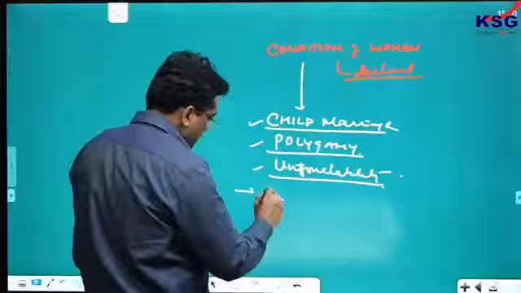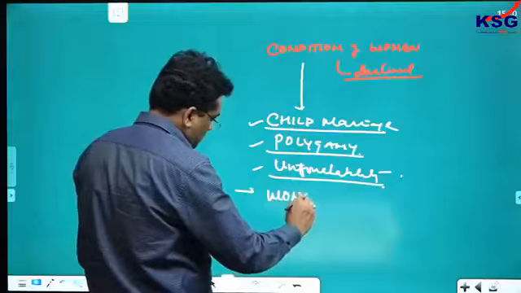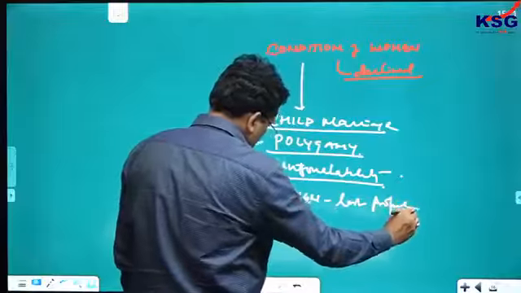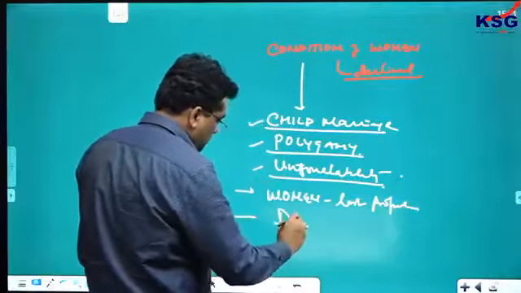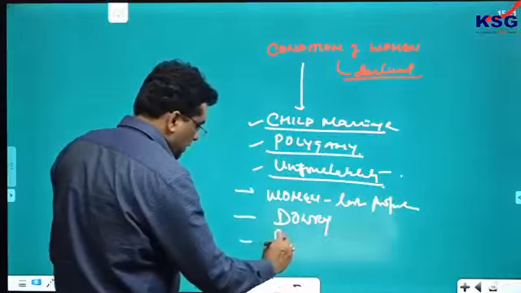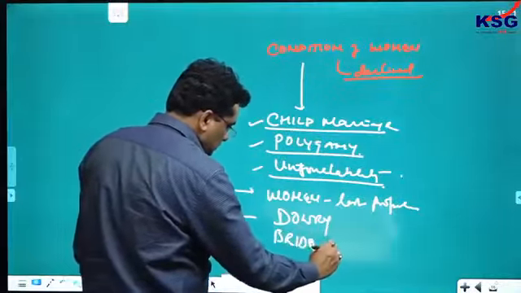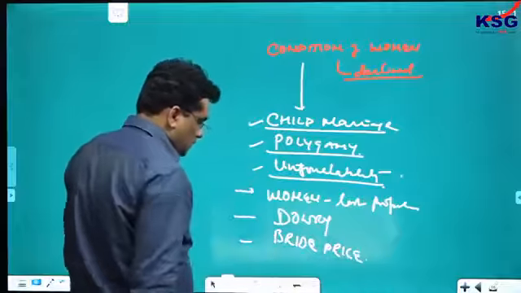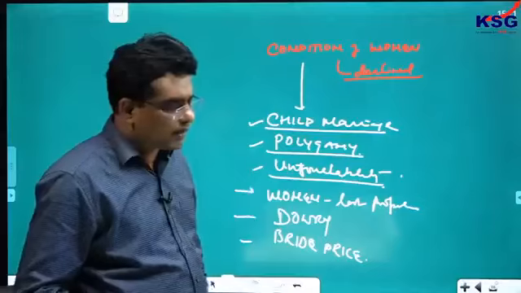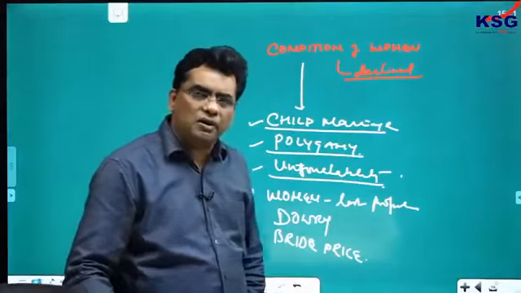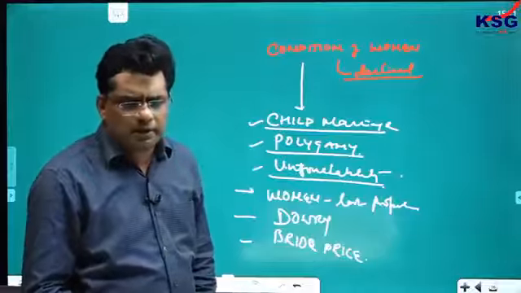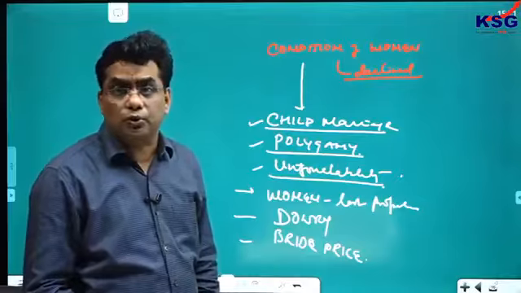Women lost the property right. There was a system of dowry and a system of bride price. So you can see lots of things developing here which were not there in the early Vedic period. Bride price and polygamy, these fundamental things had started growing during this period.